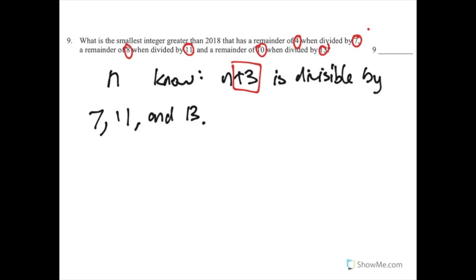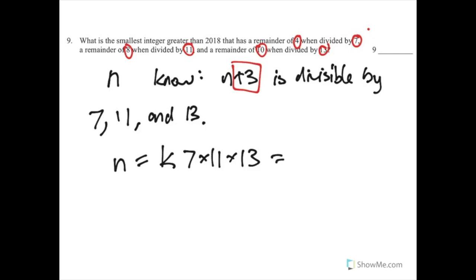So moving on, if n is divisible by 7, 11, and 13, n must be a multiple of the least common multiple of 7, 11, and 13. And since these three are all primes, we know that n has to be a multiple, let's say k, times 7 times 11 times 13.